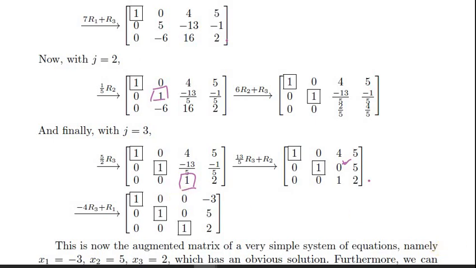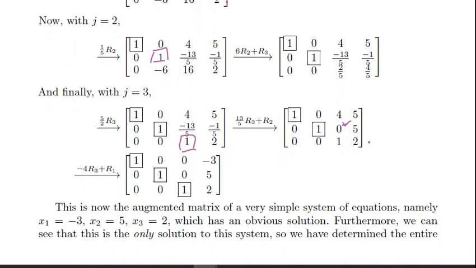Let's see. Is there anything more we can do? The answer is no. I have a leading one in every row. Each leading one corresponds to zeros in that column and every other entry, and the ones form a stair-step pattern. Now, the nice thing about this is that you can read off the solution from this form.